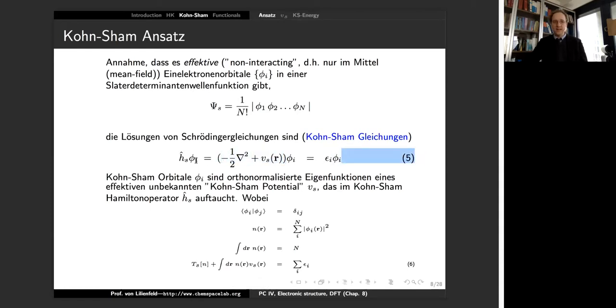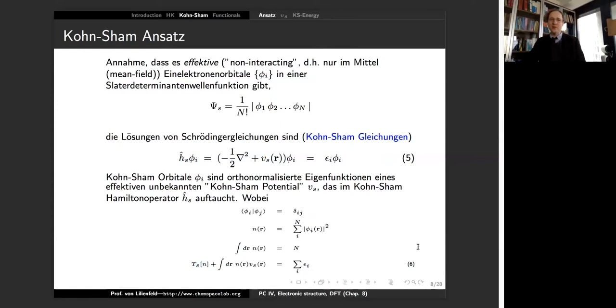So this is the equivalent to the Hartree-Fock equation. And you have to do this for all your electrons, so that you can get your density, you can get these two energies, and then you do this until you're converged.